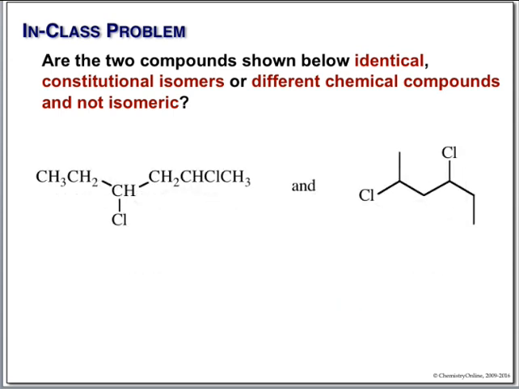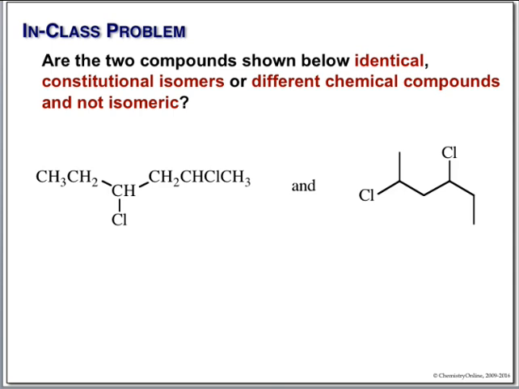Look at one more. A condensed formula and a structural drawing. So let's start here. How long is our main chain? 1, 2, 3, 4, 5, 6 carbons.